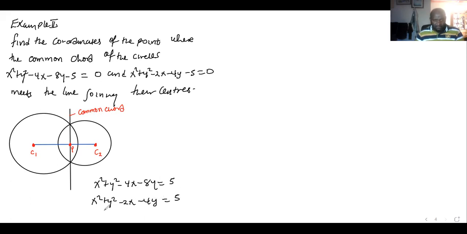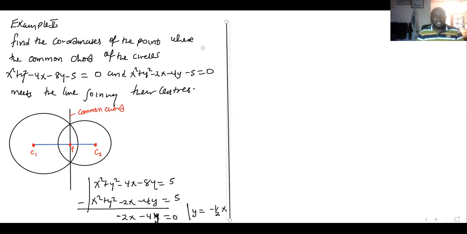They are both equal to 5. When we eliminate, we shall attain negative 2x, negative 4y is 0. Thus, y is equal to negative half x. Meaning the common chord also still passes through the origin. Why? Because it has no intercept.